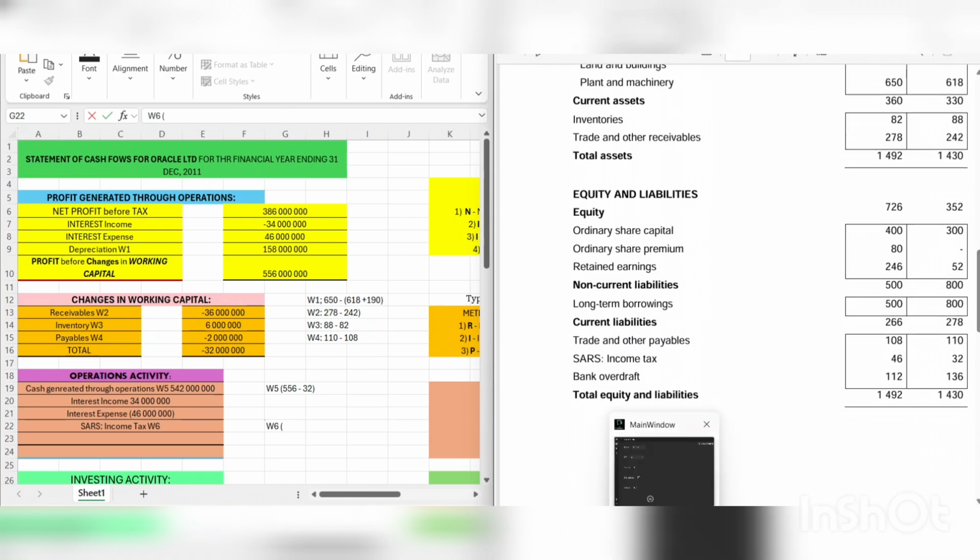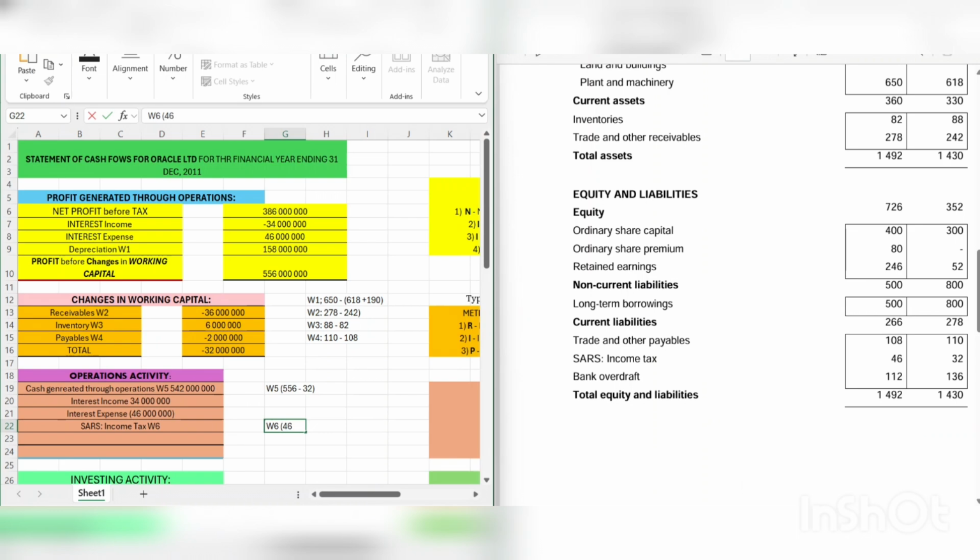So let's do this. 46 minus 32 plus 92. All right. And that gives us 78 million. Again, open brackets.